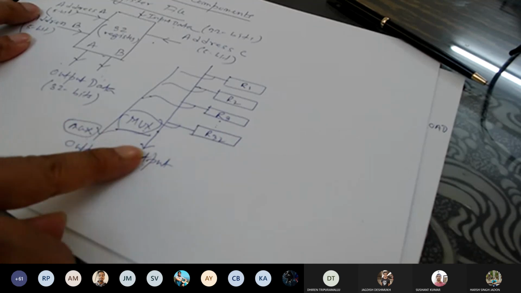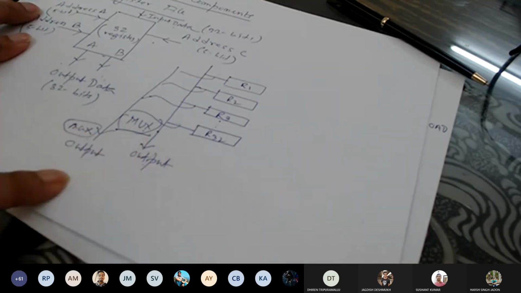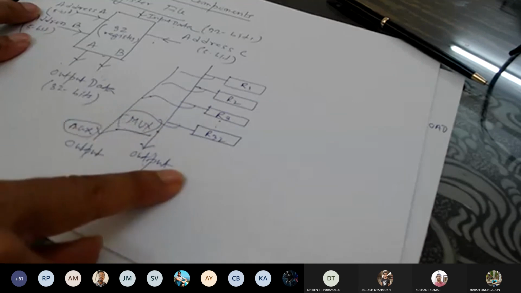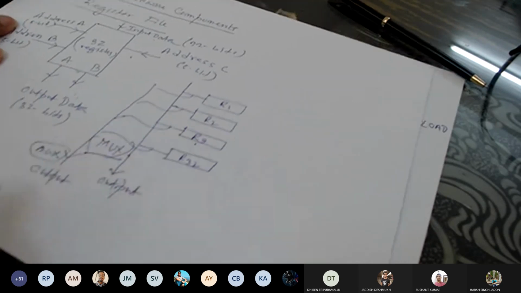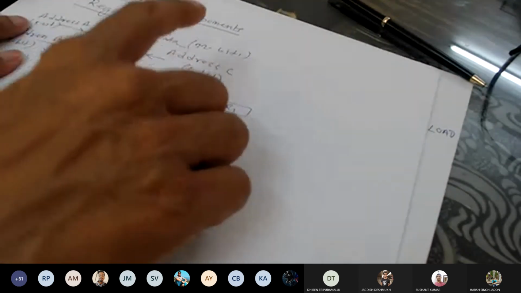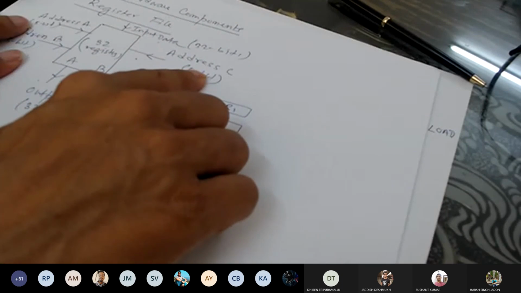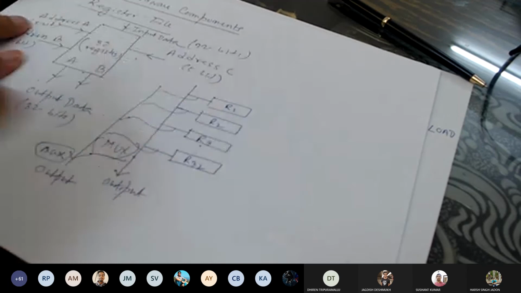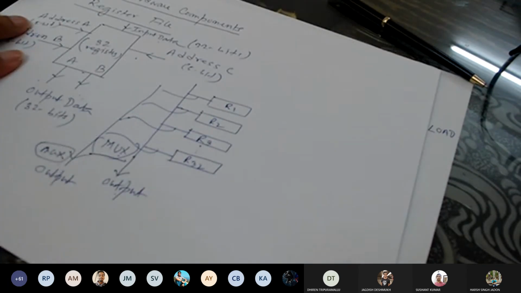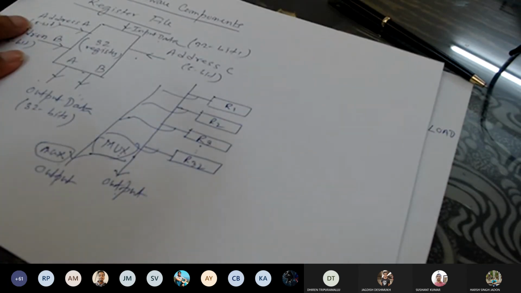This is for output. Now similarly for input, the address C is the address of the register where it will go. And how it will be selected, you require a reverse circuit. So you require a demultiplexer.